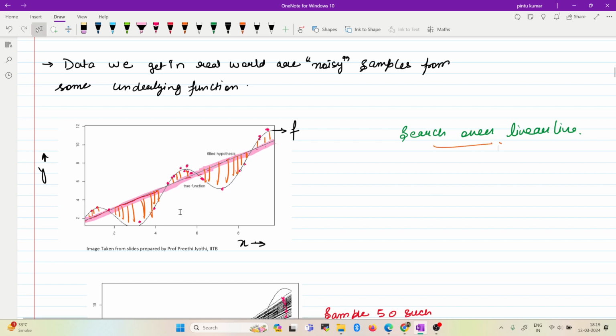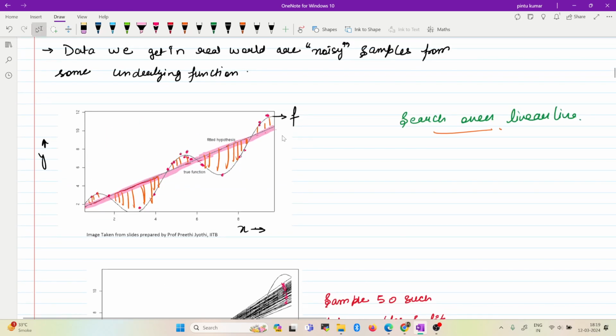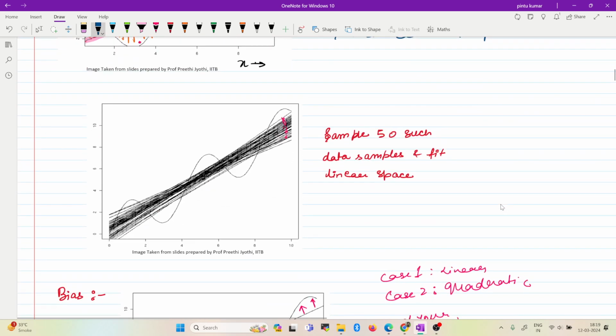I'll just formalize these things. Let's look at this for the time being. Now we sampled some pink dots. Let's call it one instance. So what is one instance? We sampled some points and we found the best fit line for that particular sample. What we do is we repeat this for 50 instances.